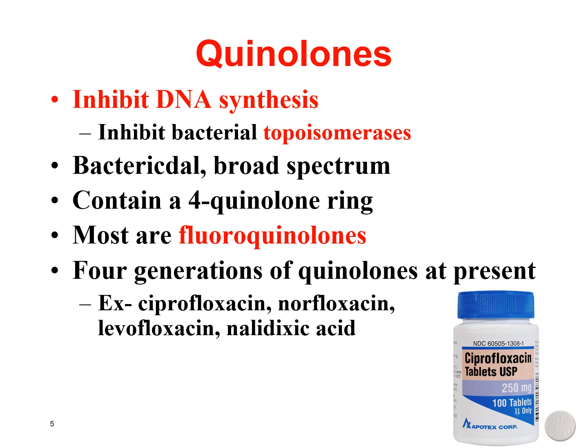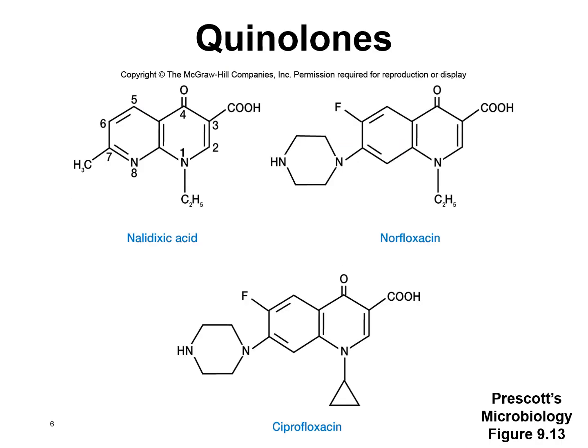Probably the most famous quinolone or fluoroquinolone that you might be familiar with is ciprofloxacin, or sometimes called Cipro for short. So you may have seen that used in patients before. And then just looking at the chemical structure, you can see the fluorine atom that's been added to these quinolones to make them fluoroquinolones.